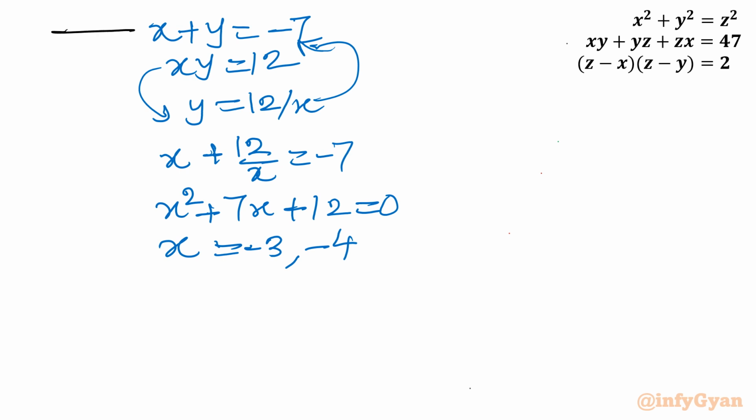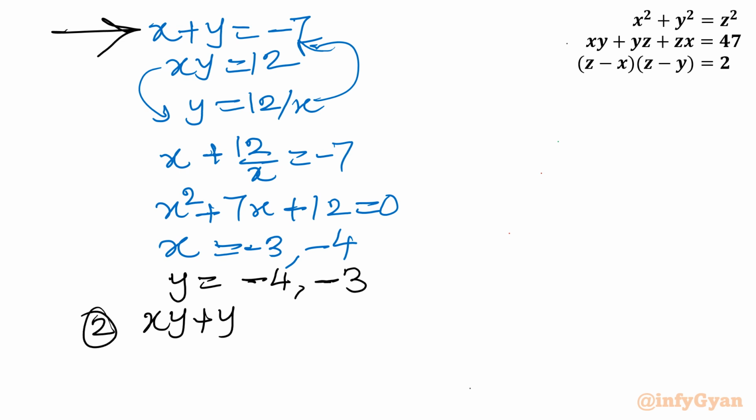Remember this equation. So y will be equal to minus 7 minus x. So you will write here minus 4. If x is minus 4, then y will be minus 3. Same way, I will write equation number 2, xy plus yz plus zx equal to 47. You can put this value over there.